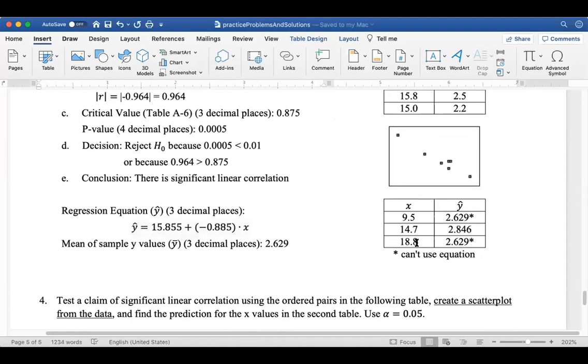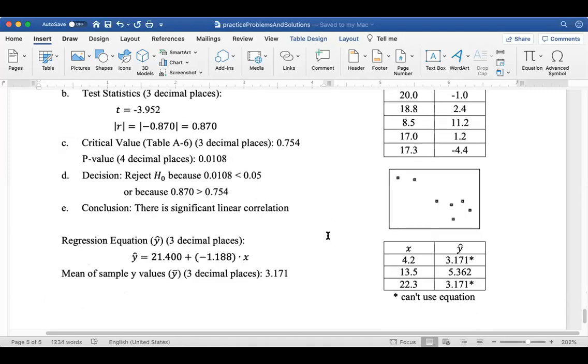And 18.8 is not in the range. So again, technically we can't use the equation, and we can't really make a prediction here. Okay. I don't think you'll run into a problem where you reject H0 and you have an x outside the bounds of the sample x's.